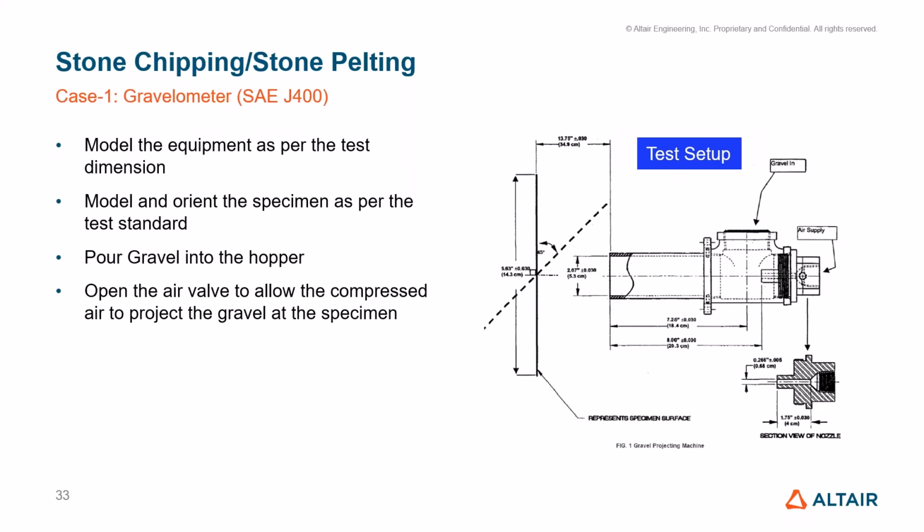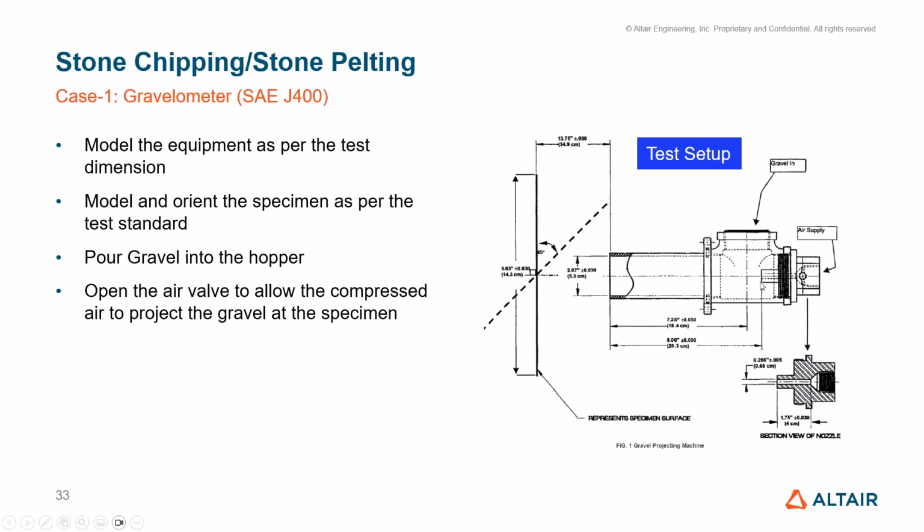So now coming to the gravelometer, that's stone chipping based on methodology one, which is based on SAE J400, where the test equipment is shown here. So here this is a pipe, and the funnel will be placed here. The gravel will be loaded inside the funnel, and it will be flowing one after another slowly, and the compressed air with a very high pressure will be injected.